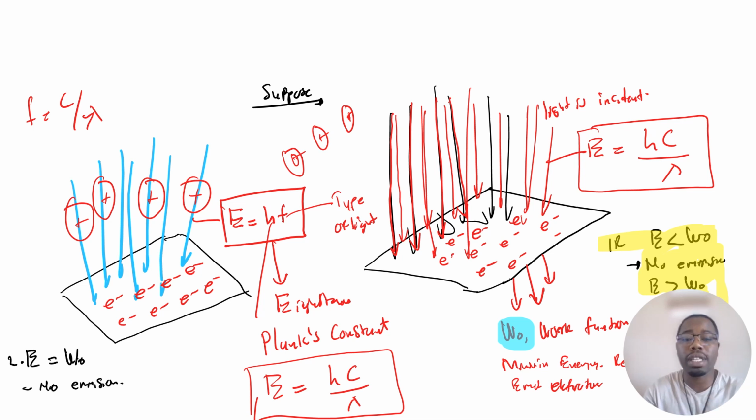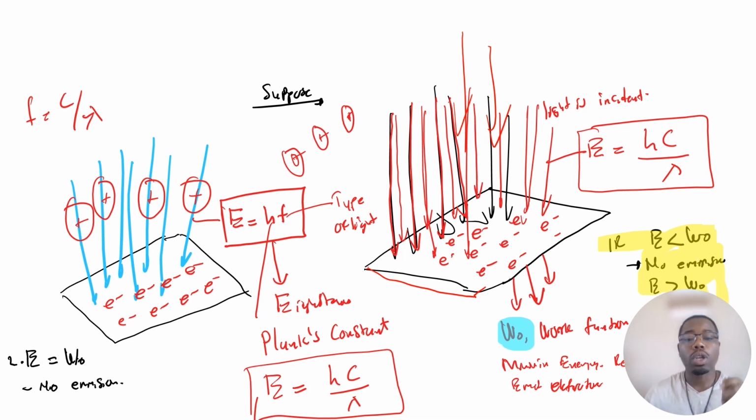So we have that metal plate, and all the electrons that you see in red are stationary, they don't move. As you shine light there, there will be movement. And that's what the photoelectric effect is all about.